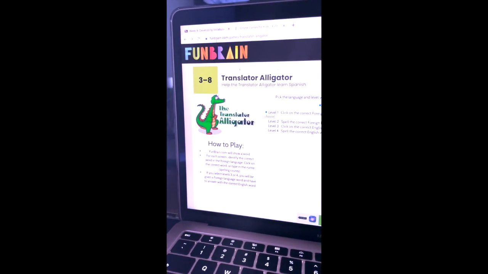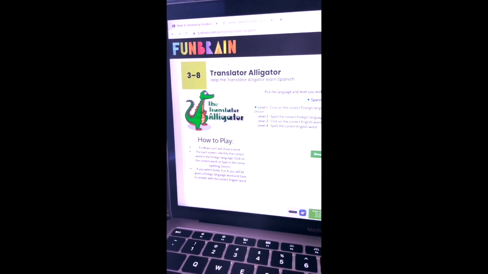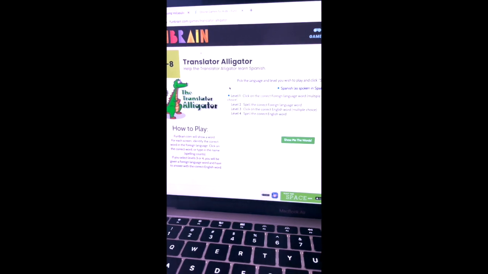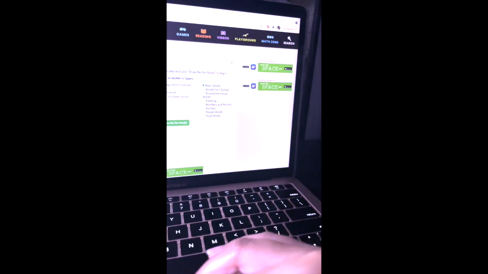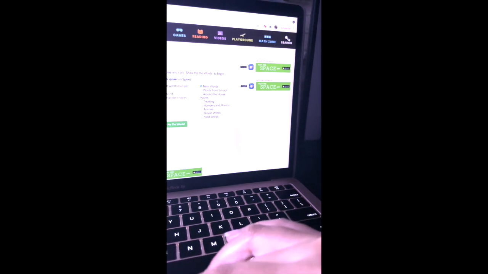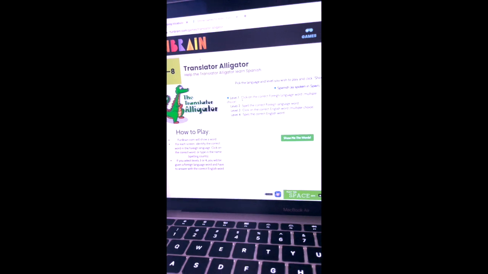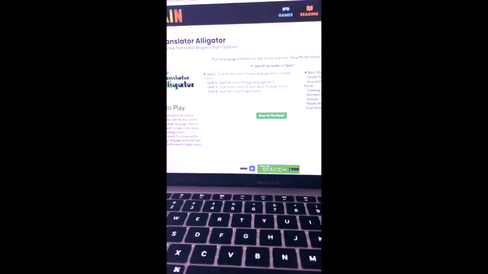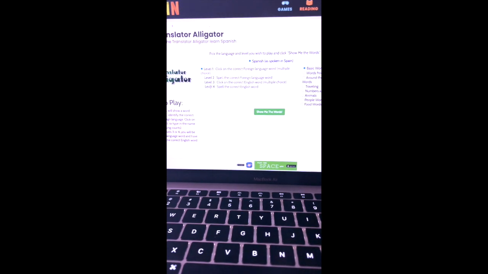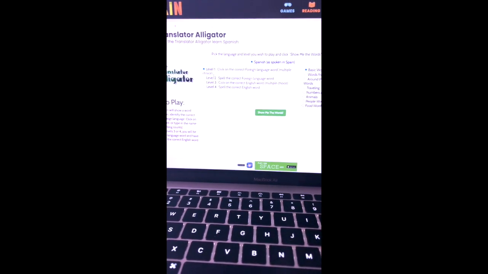Okay, so here is the web page for my strategy: funbrain.com. Now this page is very appropriate for students. Next you search, you put the word Spanish, and this game appears, Translator Alligator. In this game you can choose different levels of difficulty.